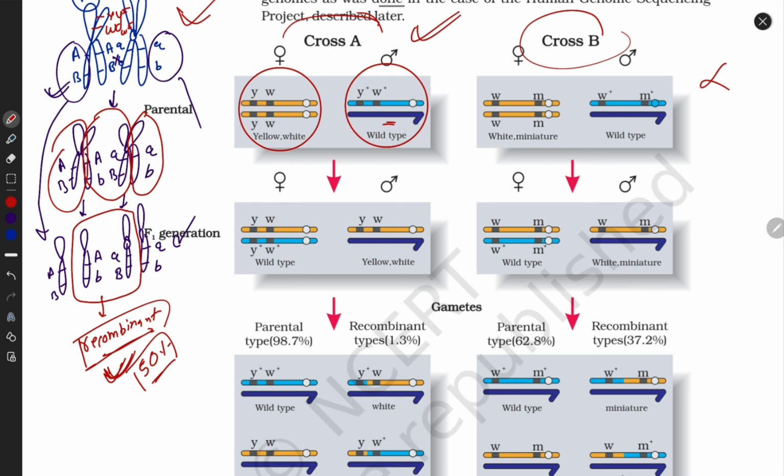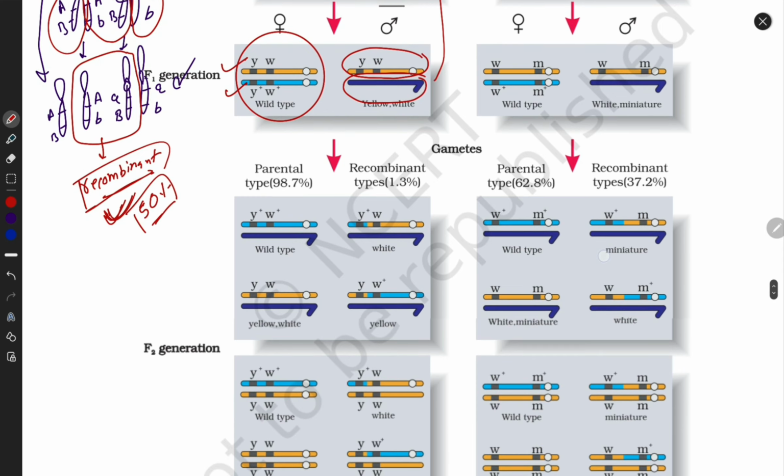Let's cross between them. Now what's happening? If I cross between them, they cross with this and they cross with this. Can I get this? One is this and one is this. If I cross between them, one I get this and another. Can I draw it elaborately?